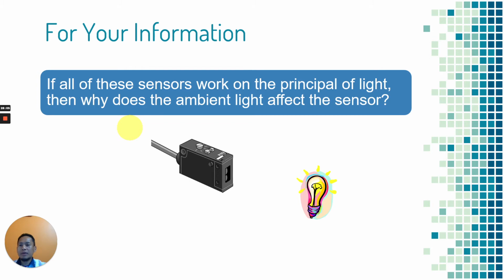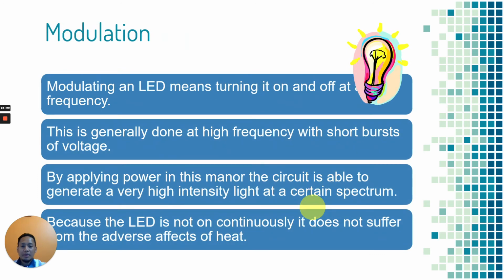For your information, if all these sensors work on the principle of light, then why does ambient light affect the sensor? Anyone can answer? Okay. It causes modulation. Modulation of an LED means turning it on and off at a different frequency.